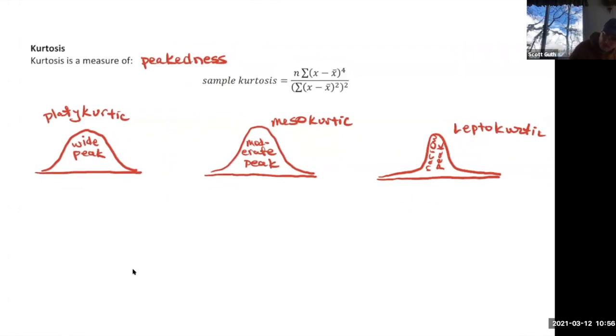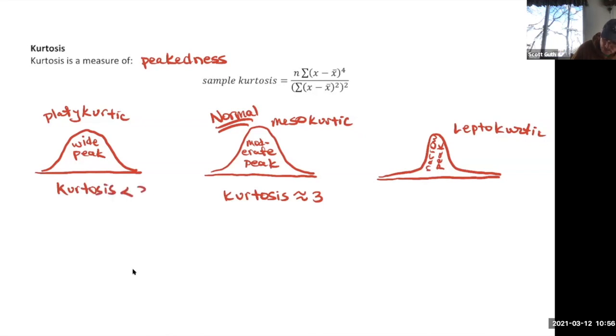And the mesokurtic, this is a normal distribution. Okay. Mesokurtic, the kurtosis is 3. Let's say about 3. Okay, so 3 is sort of the central value for kurtosis. And when the kurtosis is less than 3, then you're talking about a platykurtic distribution. And if it's greater than 3, then it's a kangaroo, leptokurtic.